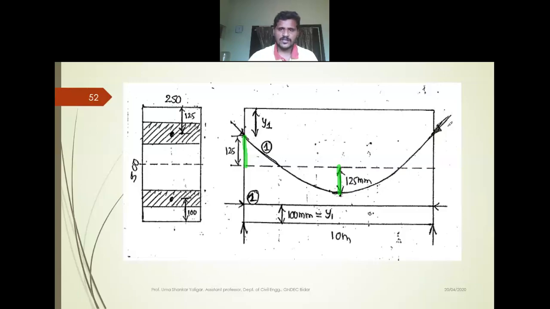This is about the first cable, and this is your y1, from the cable up to the bottom or top. Then similarly we have another straight cable which is located at 100 mm from the bottom, and this is the y1.